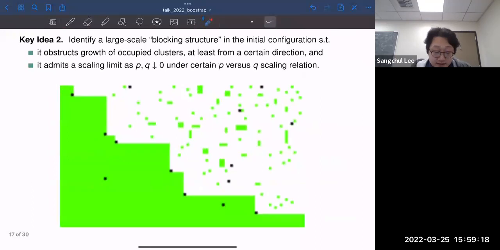Okay, turns out that the structure can be described most of the time fairly nicely, and moreover they actually admit a certain scaling limit.